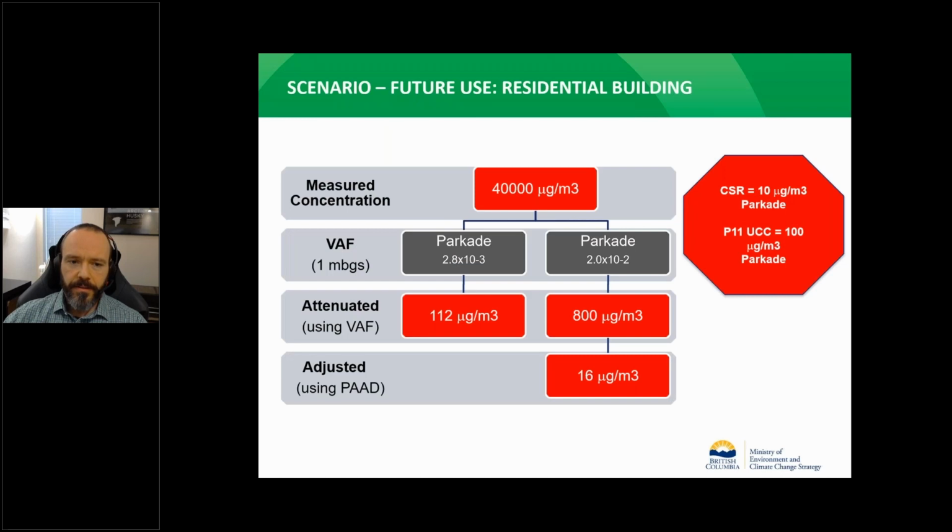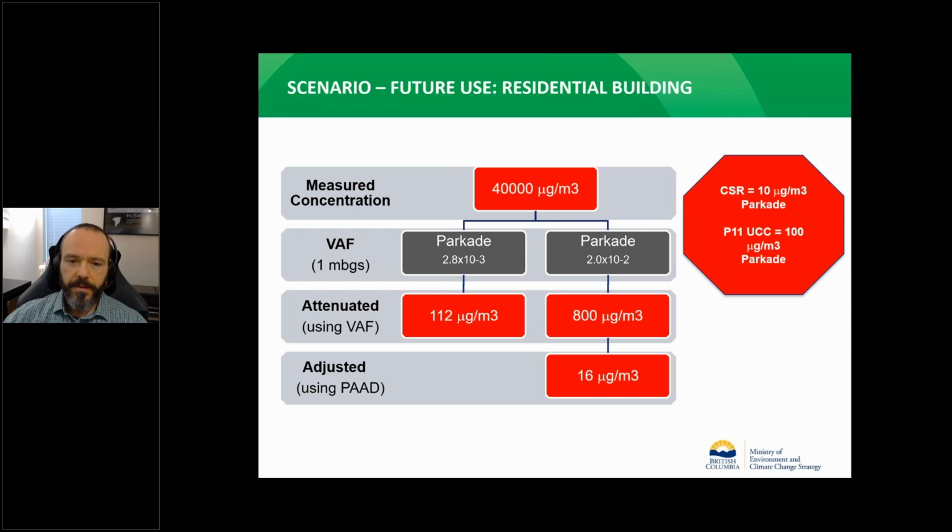On this slide, we can see that the measured concentration from the worst case scenario vapor well is 40,000 micrograms per meter cubed, which is shown in red because it exceeds the CSR vapor standard of 10 micrograms per meter cubed for parkade use and the upper cap concentration of 100 micrograms per meter cubed for parkade use.